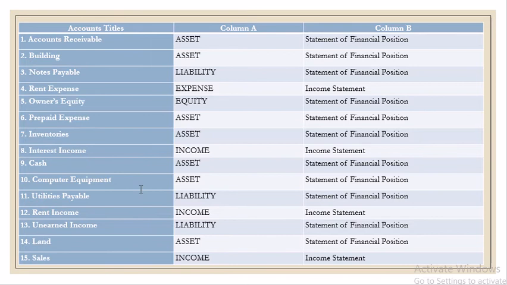So, tandaan ninyong mabuti, tingnan ninyong mabuti kung saan siya. Is siya by assets, statement of financial position ba, or nasa income statement ba siya.